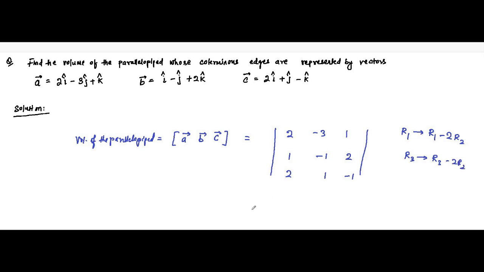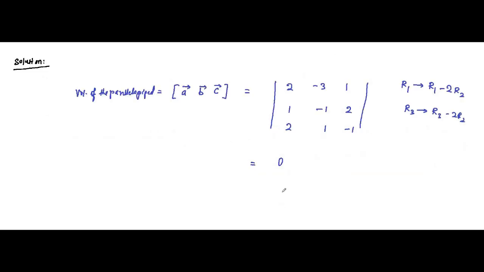Okay, so it will become R1 minus 2R2. So 2 minus 2, it becomes 0. Then minus 3 minus minus 2, so that becomes minus 3 plus 2, that is minus 1. Then 1 minus 2 into 2, 1 minus 4, that becomes minus 3. Okay, row 2 remains as it is, no change. 1, minus 1, 2, and then R3 minus 2R2.